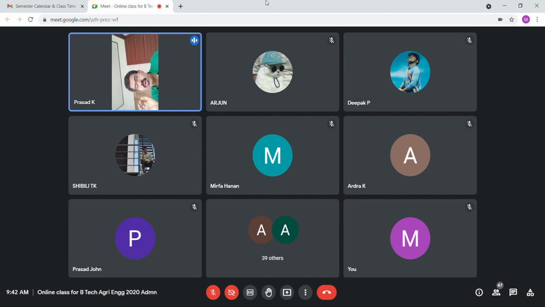So PC is equal to pi into capital D divided by capital T, where capital D is the diameter of the pitch circle and capital T is the number of teeth on the wheel.